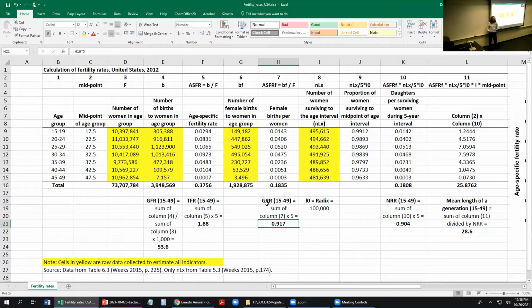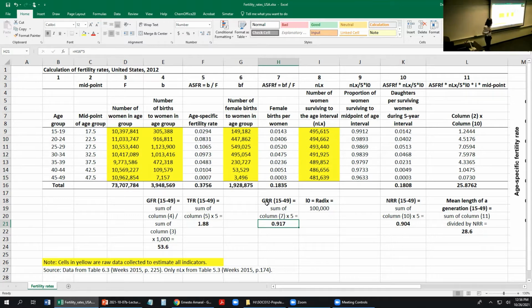And also because we know that more boys are born than girls. So we have to give a discount there, right? Even in cultures that don't have a preference for sons. So in the US, based on this data, the fertility is below the replacement level because this number is below 2.1. And we see that the generation of daughters based on this data is going to be smaller than the generation of mothers.